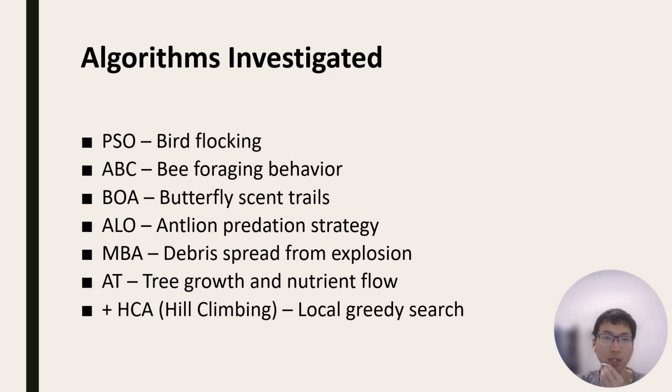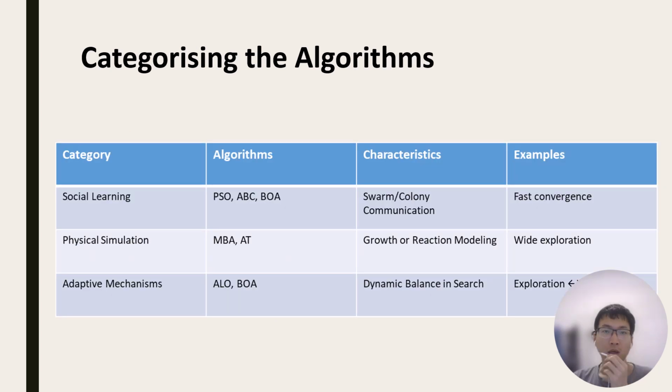In addition to these 6, we also tested one algorithm during implementation, hill climbing, a simple local search that makes greater improvements. We can group them into broader categories. PSO, ABC, and BOA emphasize social behavior and communication, where individuals learn from and interact with others in a swarm or colony.